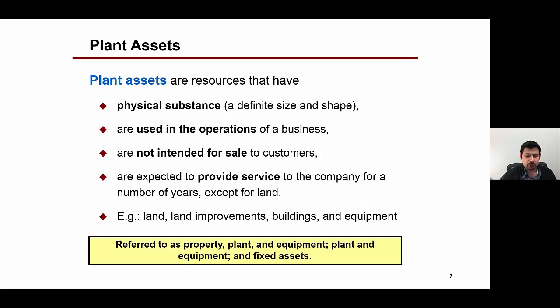But if the company purchases the building in order to sell it later on to customers, at that point it is considered as an investment. Other examples of plant assets include land improvement, equipment, machinery, etc. These assets are expected to generate revenue, or basically to provide services that would allow the company to earn revenue.